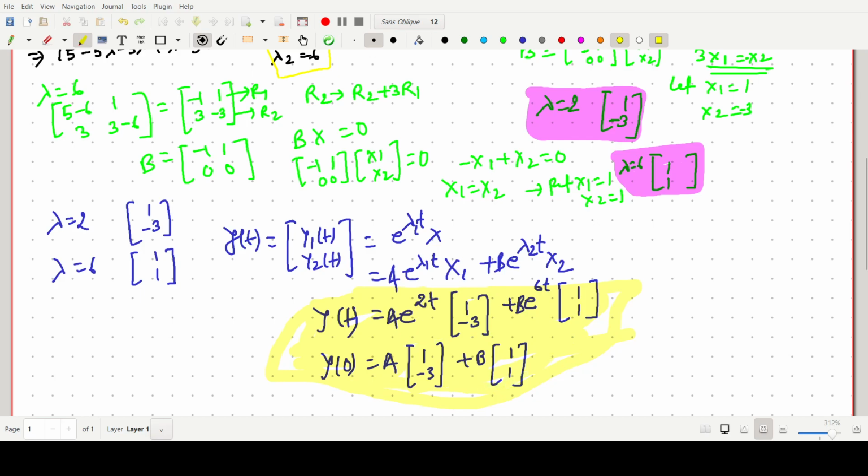Then as we know, dy by dt equals to Ay. Keep that in your mind. For this very simple differential equation, the solution is y equals to e to power lambda t into x.